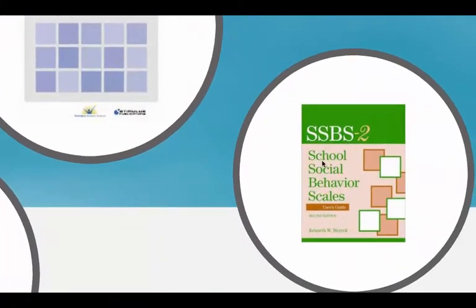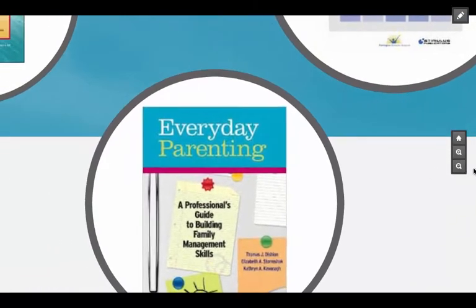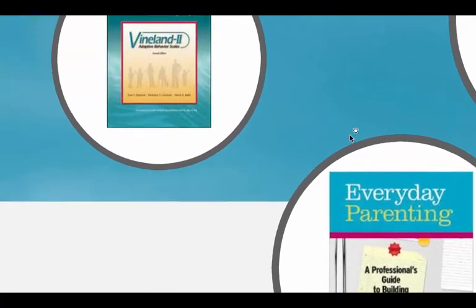If it's social behavior that we're looking at and we're working with a person in the context of a school, perhaps it's the School Social Behavior Scales. And then if we're working with a family and we're trying to develop their skills, and I'll talk more about this in a little bit, we may use Everyday Parenting as an assessment tool.